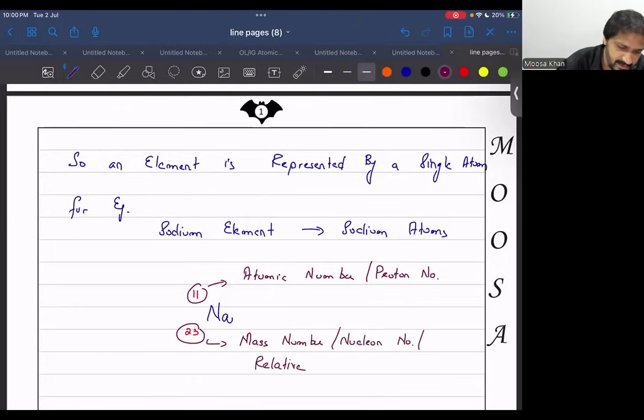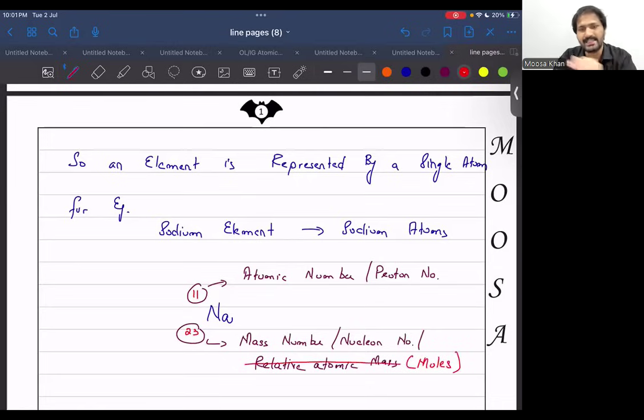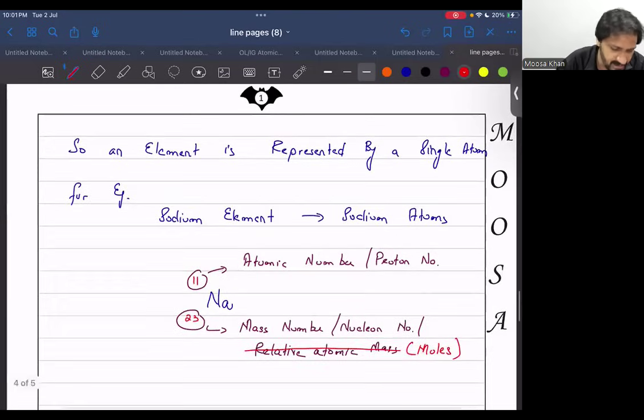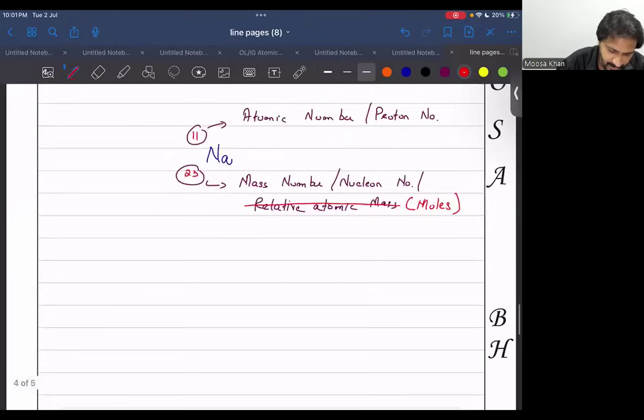The term relative atomic mass we will understand later in the chapter on moles, so right now we are not going to use this name. We will study it in the chapter moles and stoichiometry. For now you have to remember two names of this number, mass number and nucleon number. So what does the atomic number tell us and what does the mass number tell us, let's see that now.